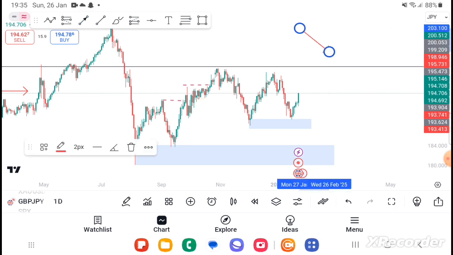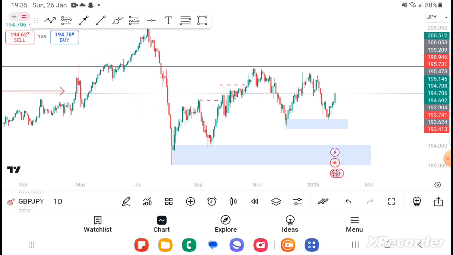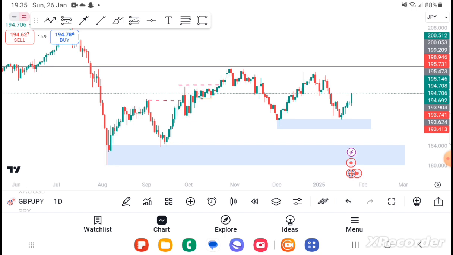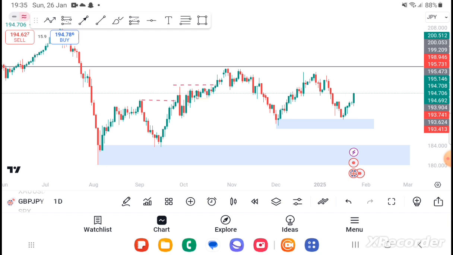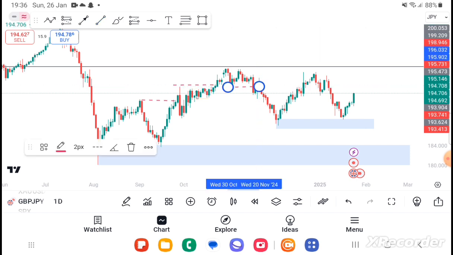What else can we see? So we saw price break structure twice. Okay, then also price broke structure to the downside, broke here, broke here. Let me use here. Let me give this one black.